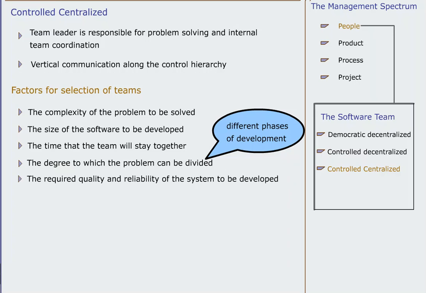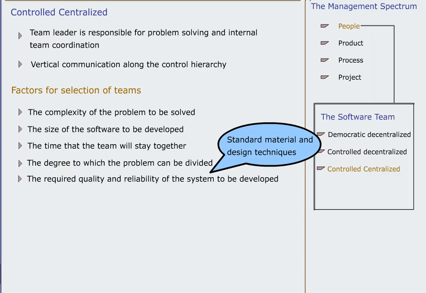Number 5. The required quality and reliability of the system to be developed. In our example, the required quality would be standard material and design techniques used in CDs, and reliability would be the delivery of error-free material in CDs.